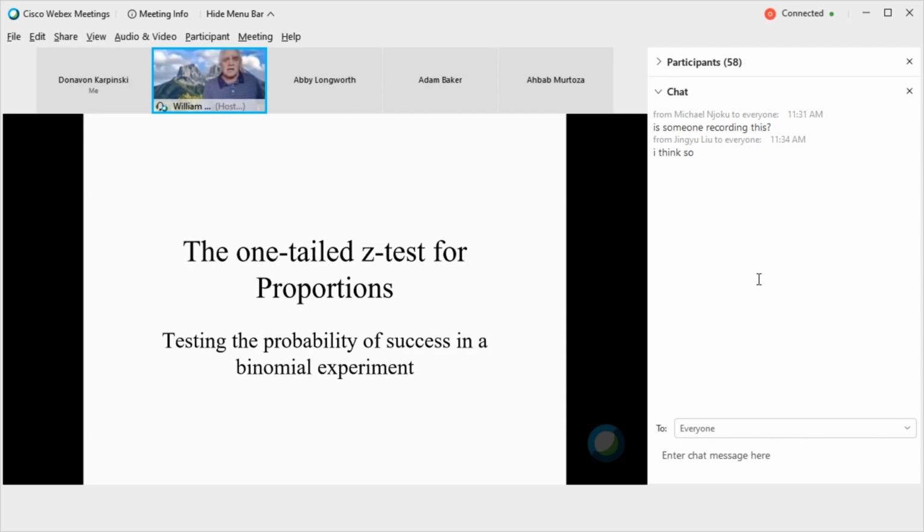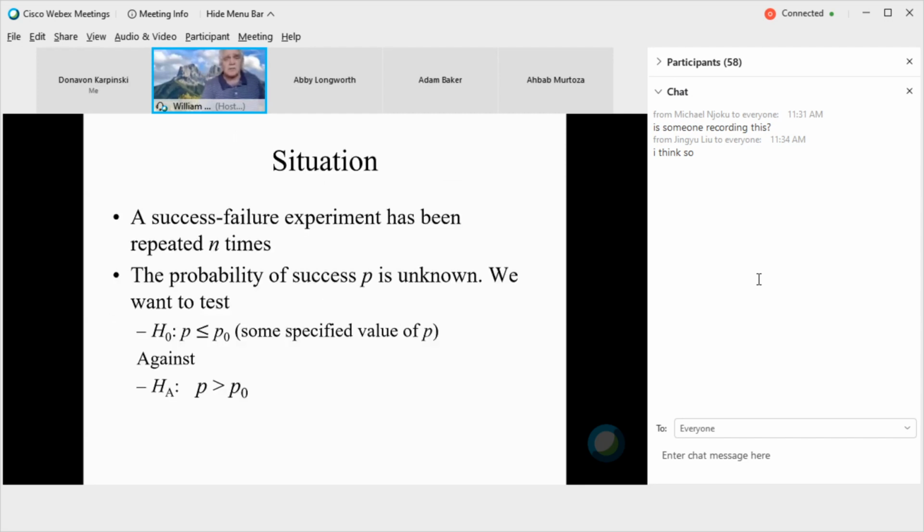The one-tailed Z-test for proportions. Again, you're testing the probability of success in a binomial experiment. The null hypothesis is that P is less than or equal to P0 against HA, P is greater. You'd choose this alternative if that was your research hypothesis.